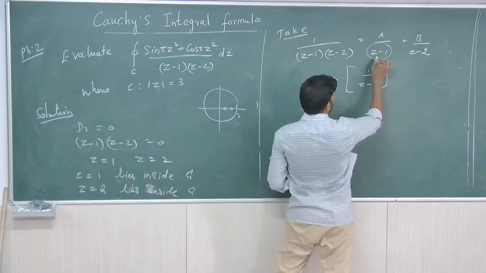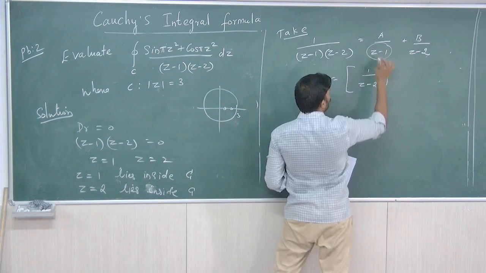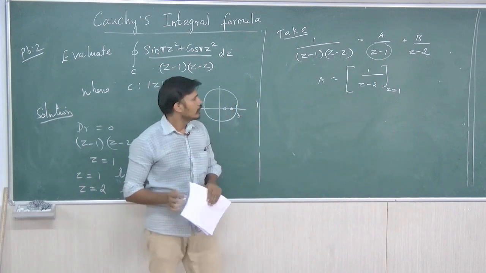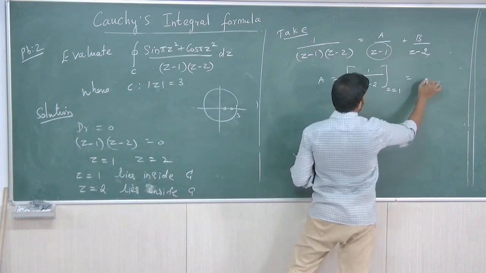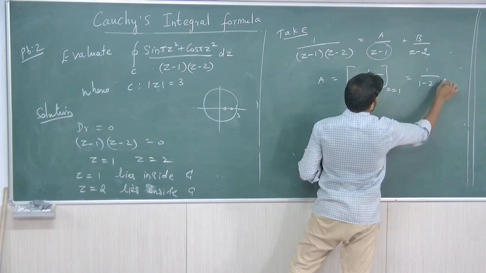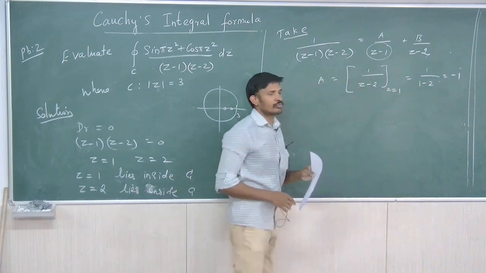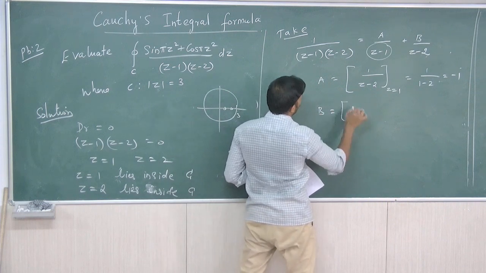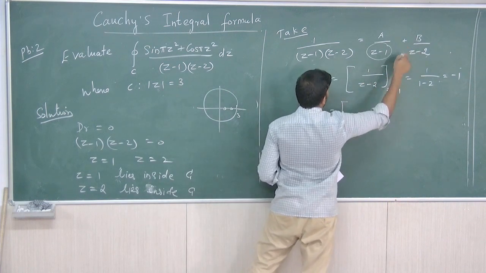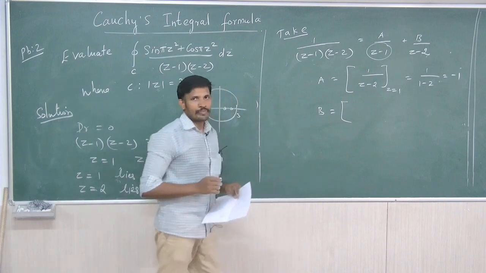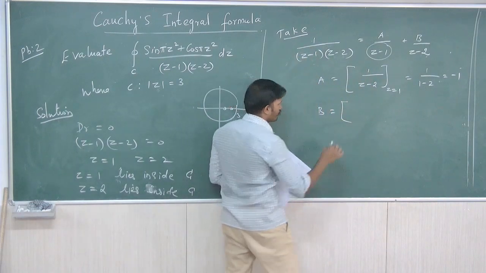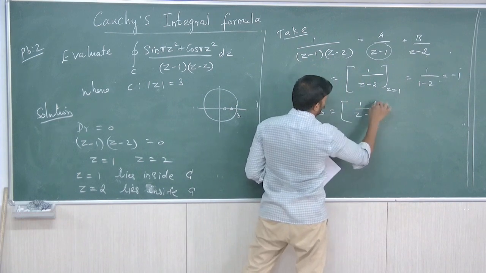So that value you have to substitute inside the terms, right? So for that, if you substitute z equal to 1, you may get 0. So that term I am going to substitute in the closed bracket, right? If you substitute, you may get the value of a equal to minus 1. Similarly, same idea I am going to use to find b. Except z minus 2, I am going to substitute the remaining terms. So 1 by z minus 1.